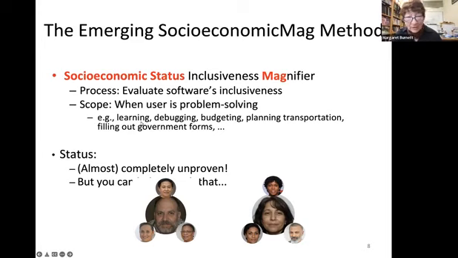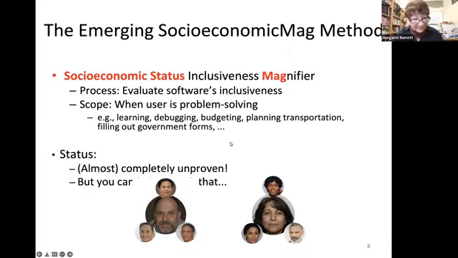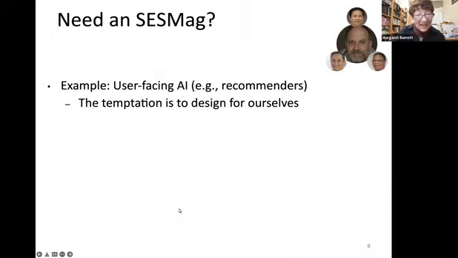It could be when they're trying to learn something, like in electronic learning environments, when they're debugging, if they're programmers, when they're trying to come up with a budget, when they're trying to plan a trip, or even just a route using public transportation, or maybe Google Maps, filling out government forms, whatever kind of problem solving they're doing, that's when it's in scope. And the status of GenderMag is it's almost completely unproven, but you can help with that. Looks like I messed up that animation there.